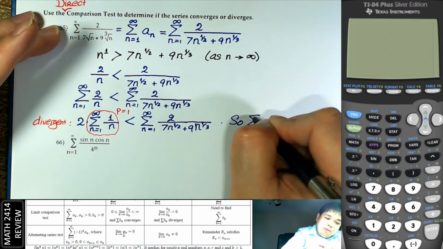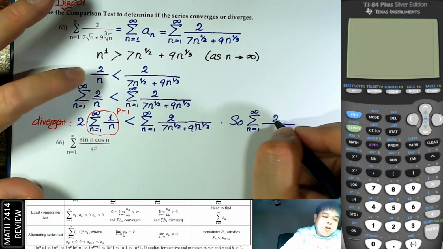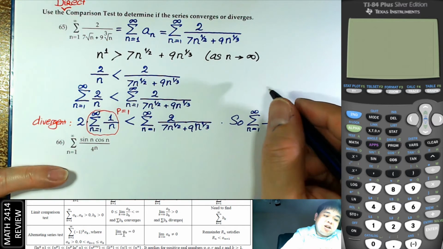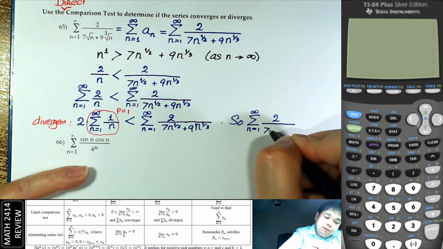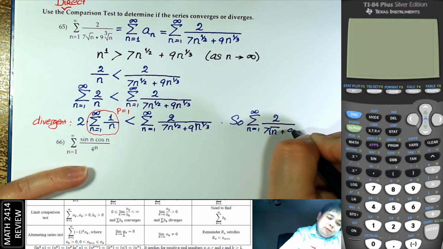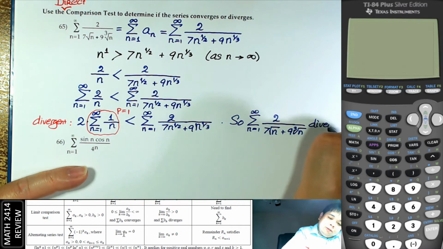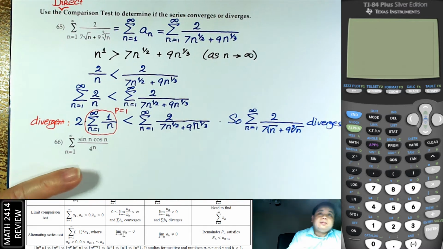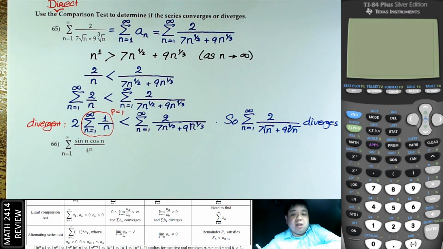This is the direct comparison test. I said if we use the limit comparison test, we compare to this one, and it's a lot easier than trying to write the reasoning here. Right, so that is if we really want to use the direct comparison test, it's going to be like that.